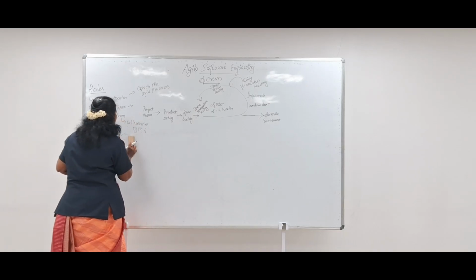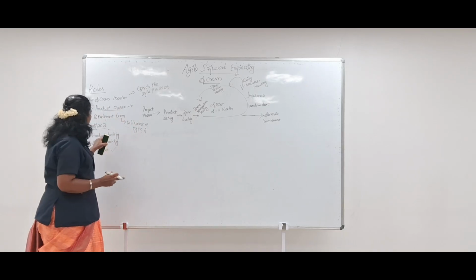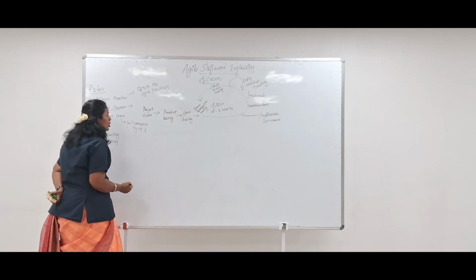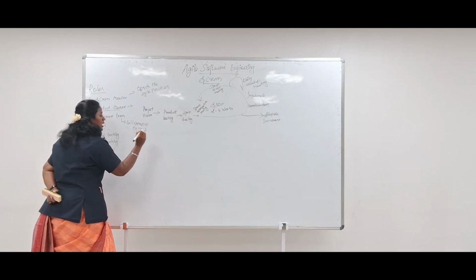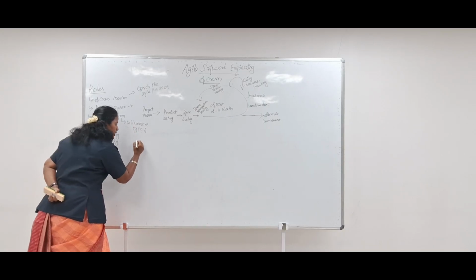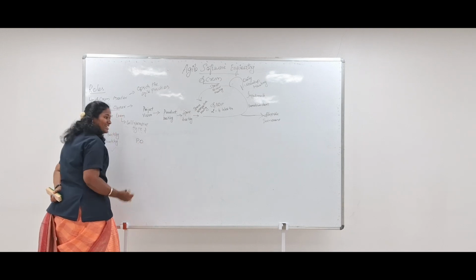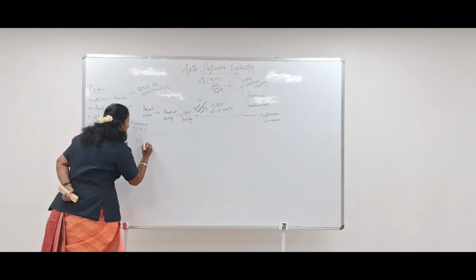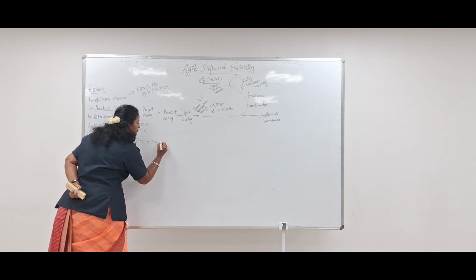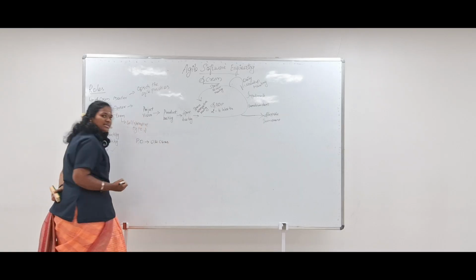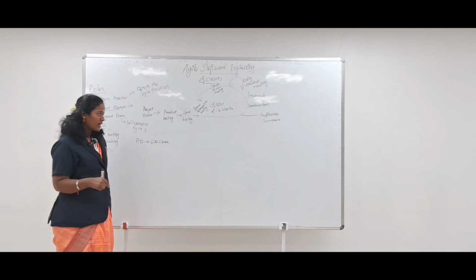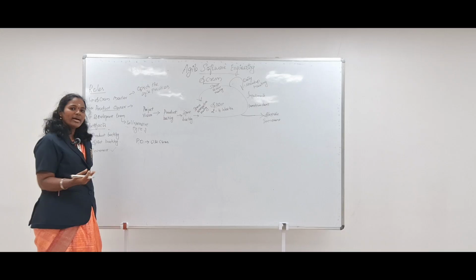First, we'll see a product backlog. In the product backlog, the product owner is responsible for collecting the use cases. For example, the use case is an online shopping cart. What is the requirement?